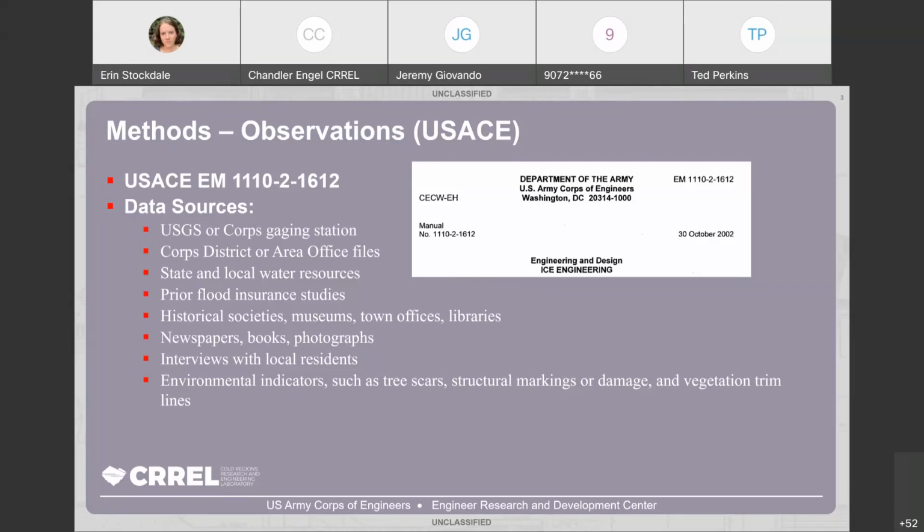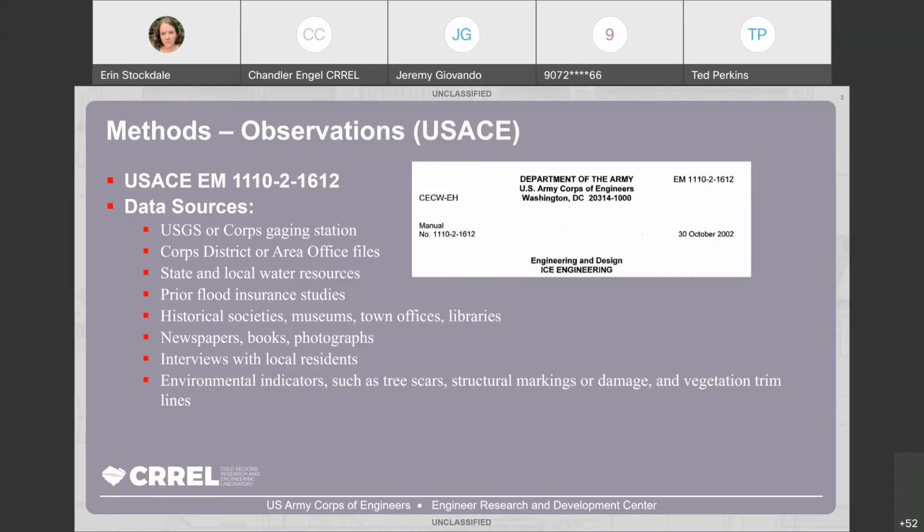The state and local water resource agencies are another good source of ice affected stages. In fact, we were just looking at something on the Yellowstone River, where the water treatment plant had about 40 years of ice affected stages because of their operations, and that ended up being a really good resource to use. Prior flood insurance studies may contain some information.